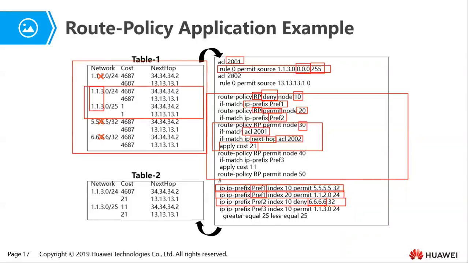Okay, then we look at ACL 2002. And what does it say? Rule 0, permit source. So we are permitting a source that has this exact address, 13.13.13.1.